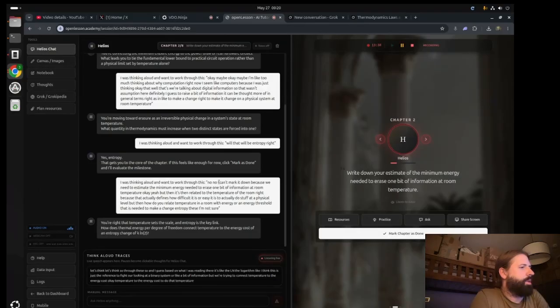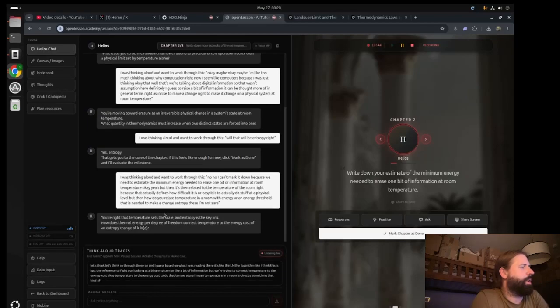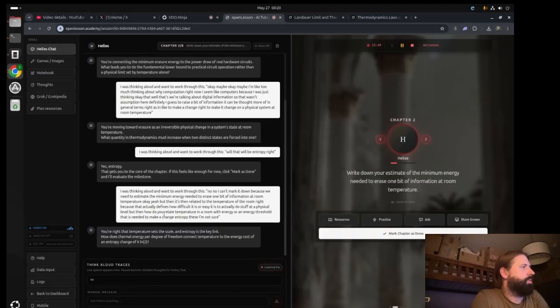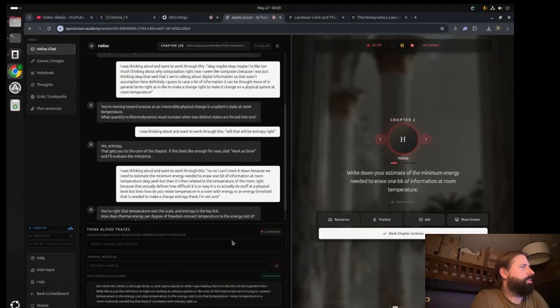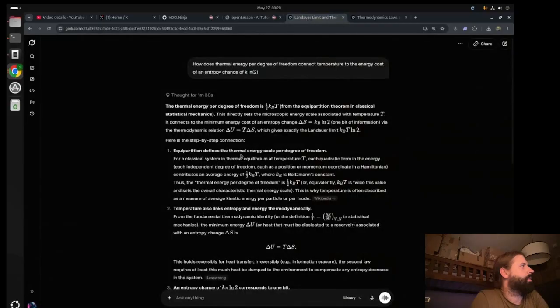Temperature in a room is directly something that correlates with entropy, right? So, thermal energy per degree of freedom.